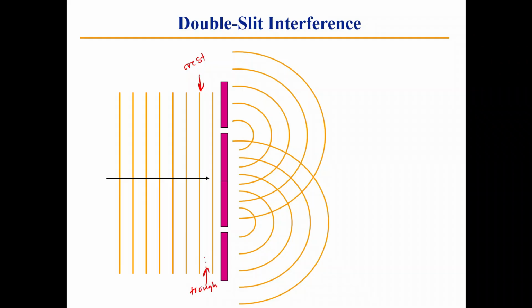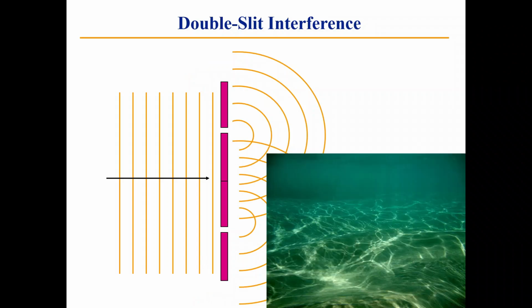Our troughs are in between, exactly in the middle. So this is constructive interference: two maximums interacting with each other. And then here, halfway in between, you're also going to have constructive interference where a trough and a trough add up. But you're going to have some of these points where your trough and your maximum interact. That's going to be your pure destructive interference.